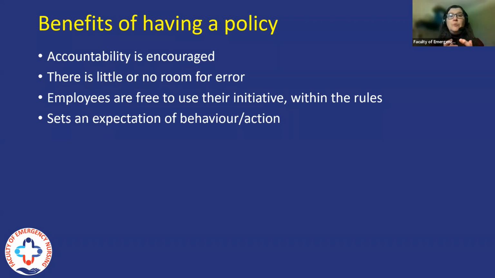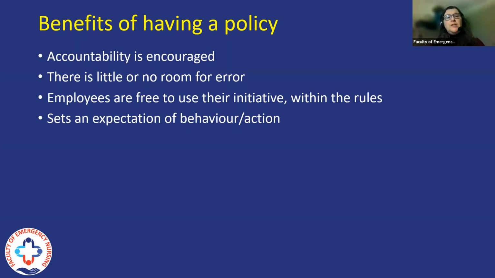So I can be accountable to CQC, or if you're in Wales, I guess it's HEIW, or I can't remember Scotland and Ireland what your inspectorates are called, but the healthcare inspectors do love a policy. And if you can demonstrate you've got a policy and you're working to policy, then they're very happy with that, because that shows direct accountability from the member of staff to the organisation and from the board to the public.